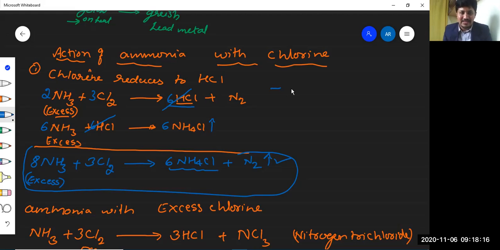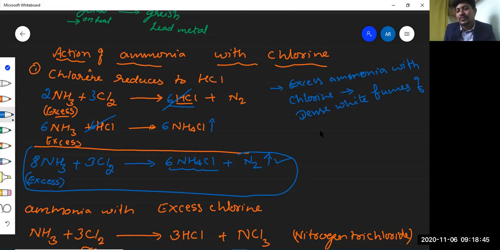That means excess ammonia reacting with chlorine produces dense white fumes of ammonium chloride. This is your observation in the first reaction.